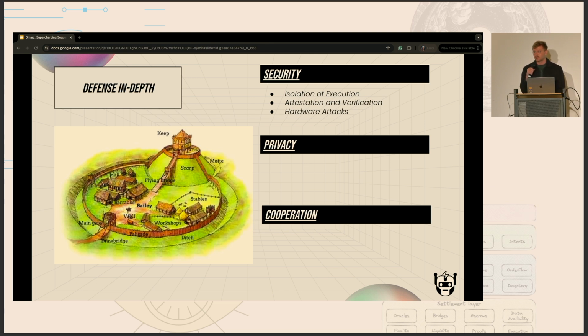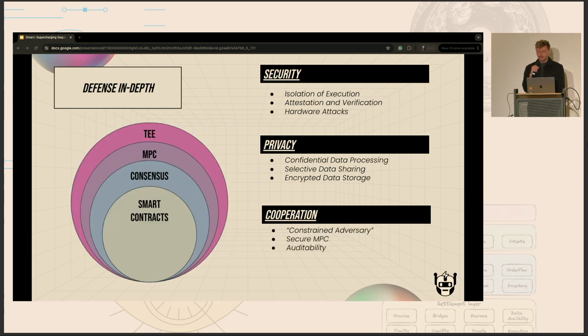Attestation and verification, as I mentioned before, and then hardware attacks as well. So for privacy, you get confidential data processing, selective data sharing, encrypted data storage. You can mimic a lot of these things with other techniques, but with TEs, you get them out of the box for quite cheap.